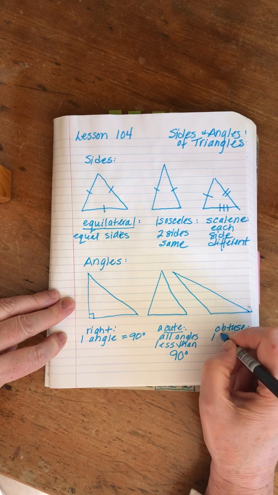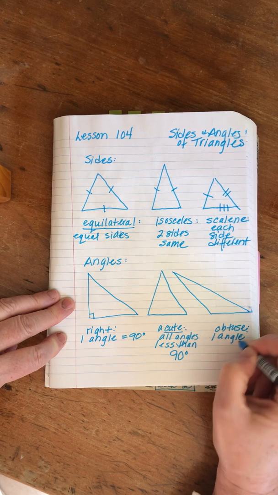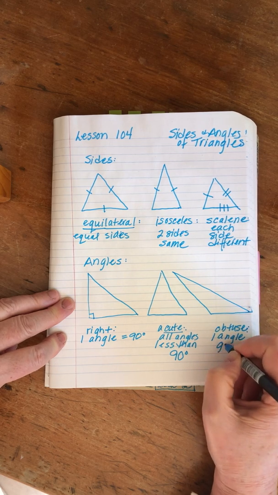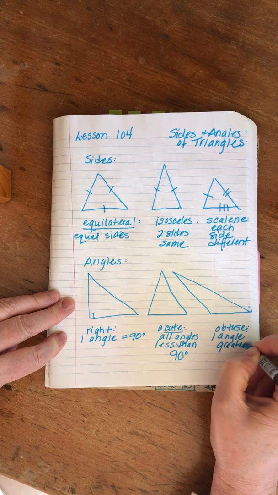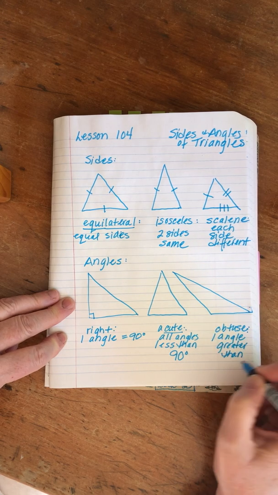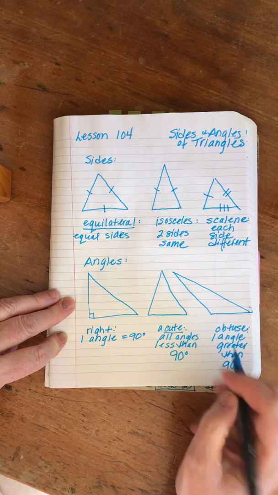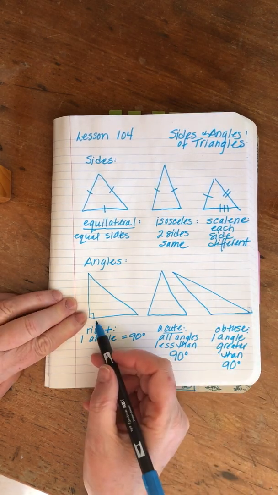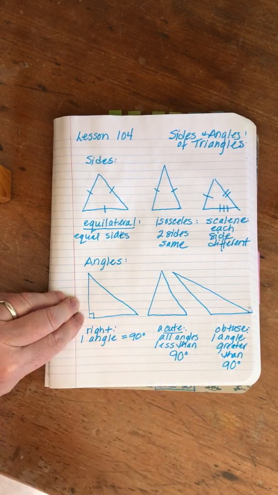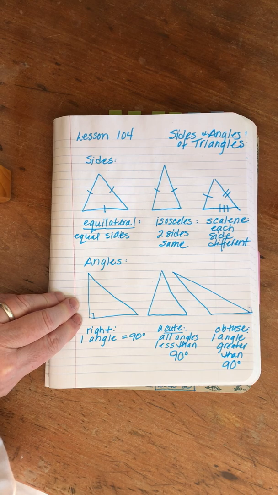And in these, one angle is greater than 90 degrees, right? This big daddy is more than just a straight up and down triangle, all right?